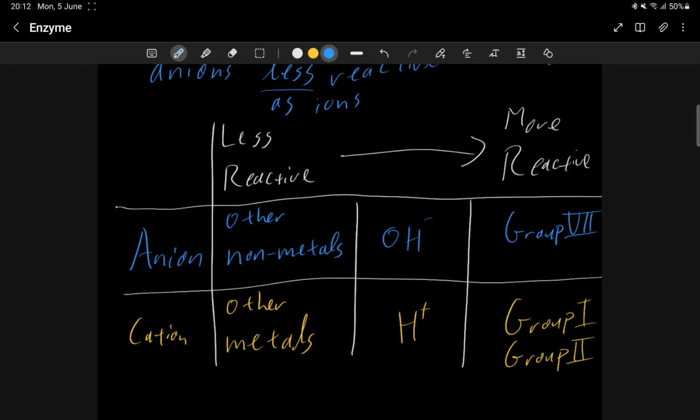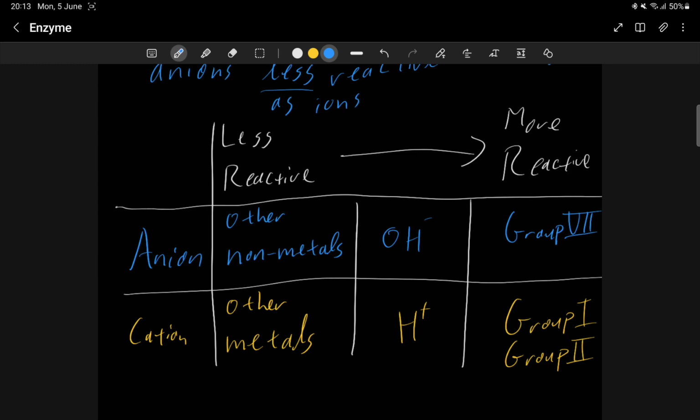And similarly for the cations, the most reactive ones would be group 1 and group 2. In the middle are the two ions that make up water, H+ and OH-. If it helps you to remember, think of it like pH. Water and the ions of water are in the middle. And on the less reactive side would be all your other nonmetals and other metals for anions and cations respectively.